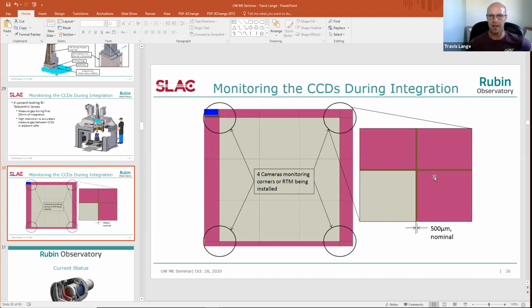In terms of cleaning, we don't touch the sensors after they're installed. We did do a cleaning right before we installed them. So we actually had a single horsehair brush, with a fiber optic camera, and we would go across the sensor and detect individual pieces of dust and try to remove them with a single horsehair brush.